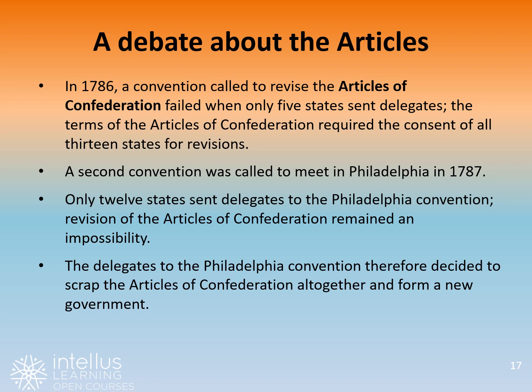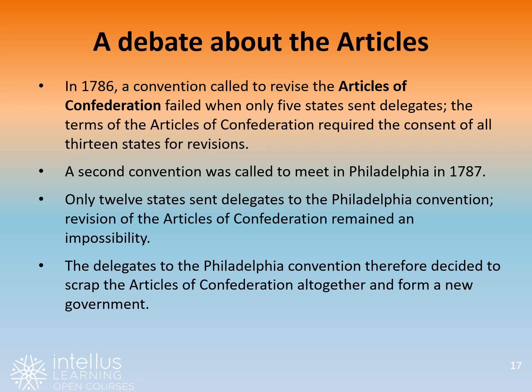So with the highlight from Shays' Rebellion, in 1786, a convention was called to revise the Articles of Confederation, but it failed when only 5 states sent delegates, because remember, as part of the Articles of Confederation, all 13 states had to agree.